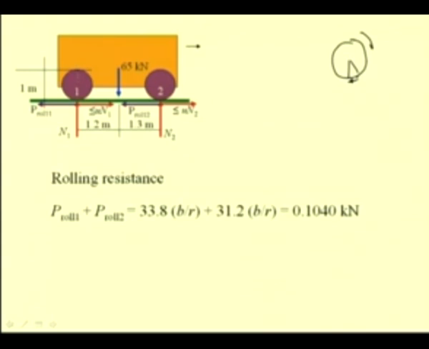So, for wheel 1 we have the weight being carried as 33.8, and for wheel 2 we have 31.2. So, we have the rolling resistance as 33.8 times B by R plus 31.2 times B by R. We know the radius of the wheel as well as the coefficient of rolling resistance, from which we find the total rolling resistance as 0.1040 kilonewtons.